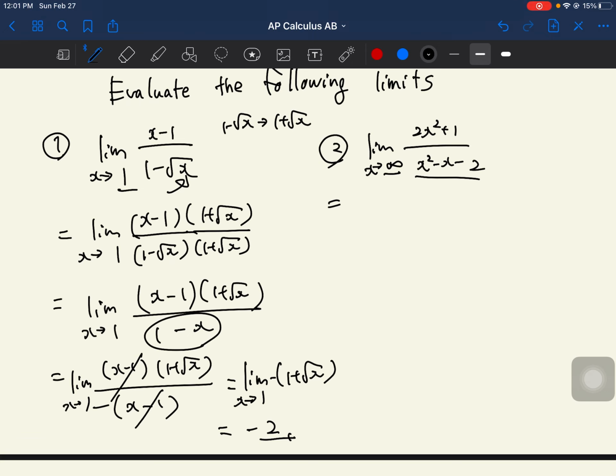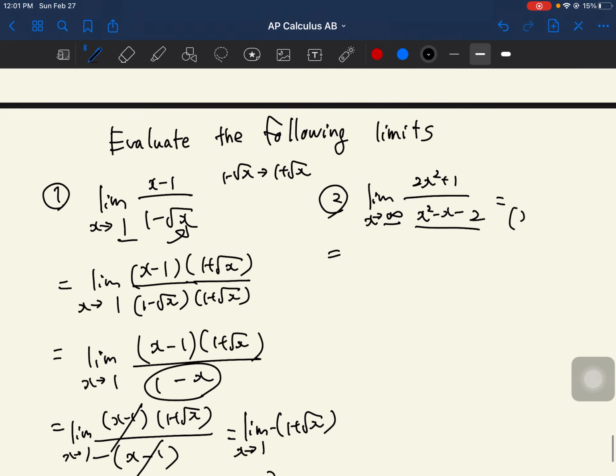So if you have a polynomial function, you try to factor it. That's what you have to do in the beginning. You can factor the bottom part. It's going to be (x − 2) times (x + 1). But it seems like you can't factor the top part. So it's not a good idea.